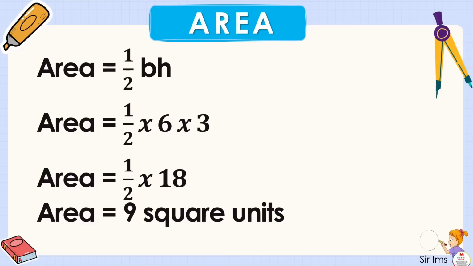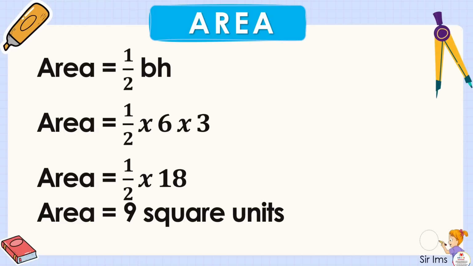So area is equal to 1/2 multiplied by 6, which is the base, times 3 for the height. 6 times 3 is 18, and that becomes 1/2 times 18. Half of 18, or 18 divided by 2, is 9. So 9 square units. Ma'am, can we do 1/2 times 6 first?